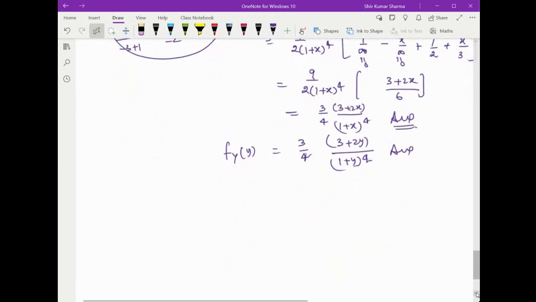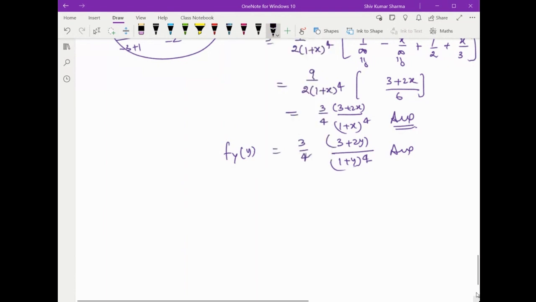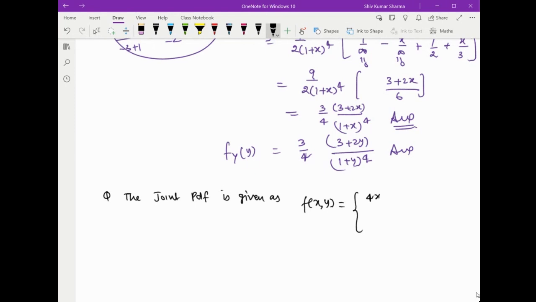So, last question, the joint PDF is given. f(x,y) is equal to 4xy. The limit of x is given as 0 to 1.